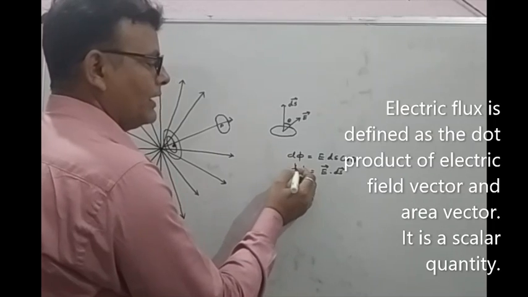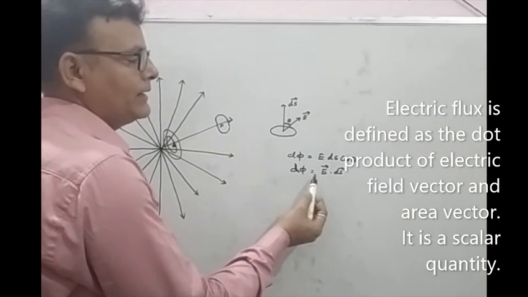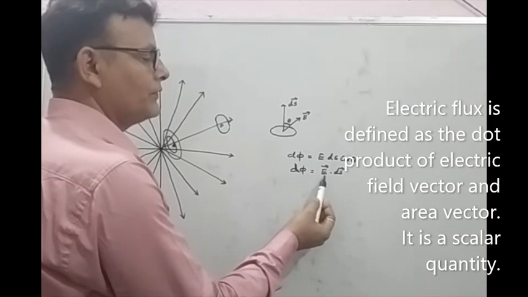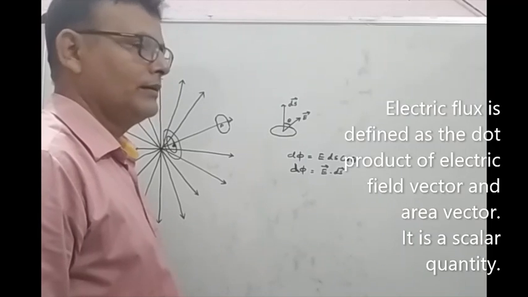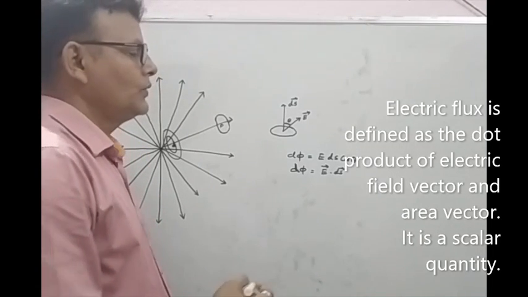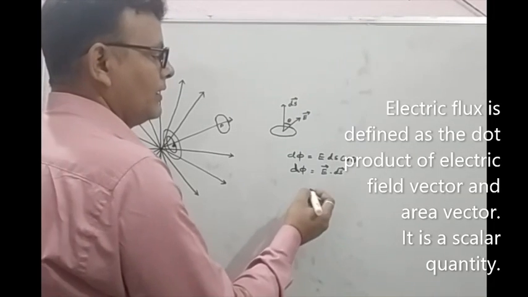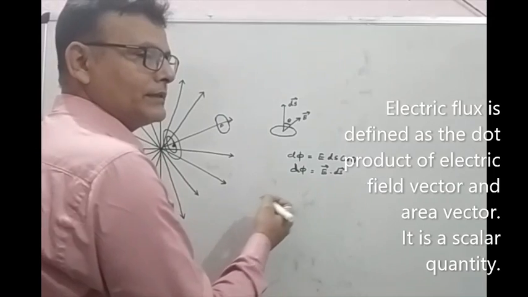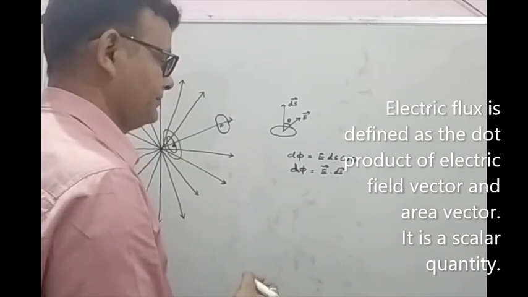The electric flux is defined as the dot product of electric field and area vector. Since it is dot product, it is a scalar quantity and its SI unit is Newton meter square per coulomb.